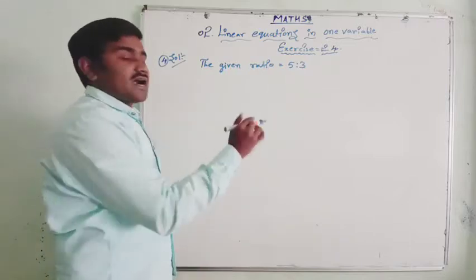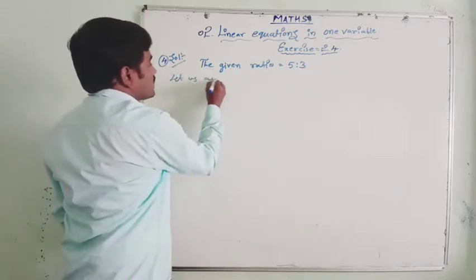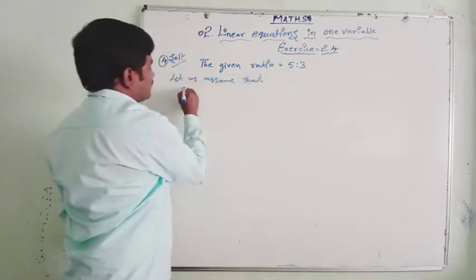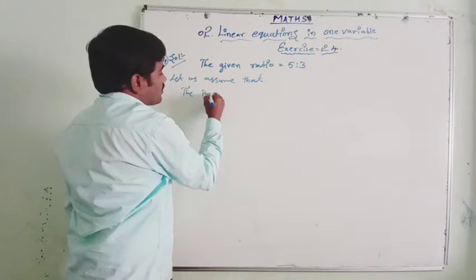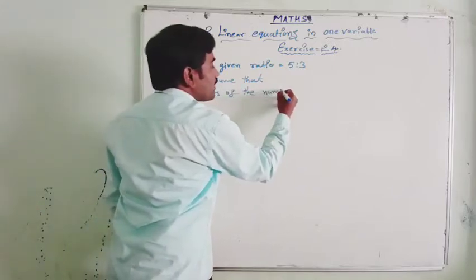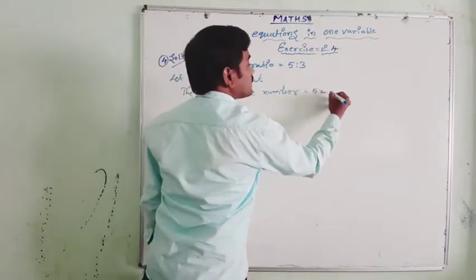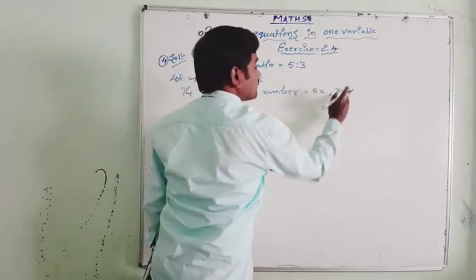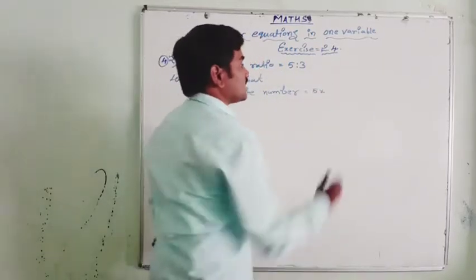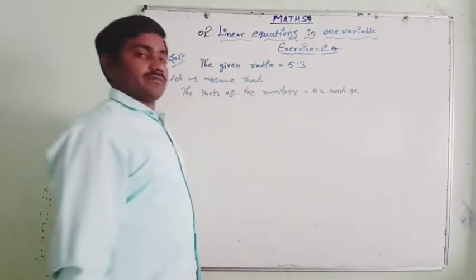Then let us assume the parts of the number equal to 5x, 3x. 5x and 3x. It is a 5:3 ratio, no? So let us assume the parts like a 5x and 3x.